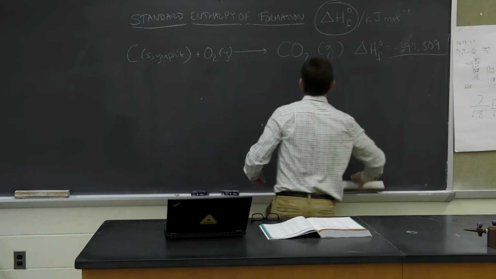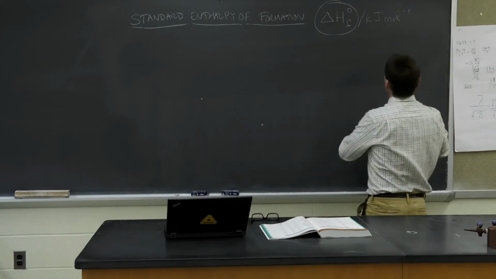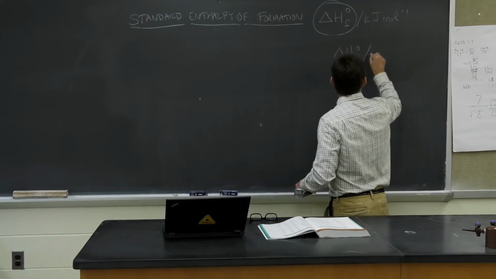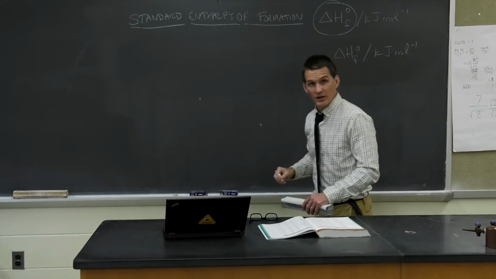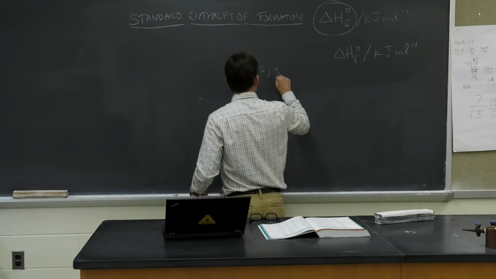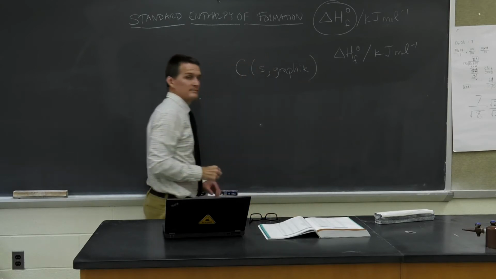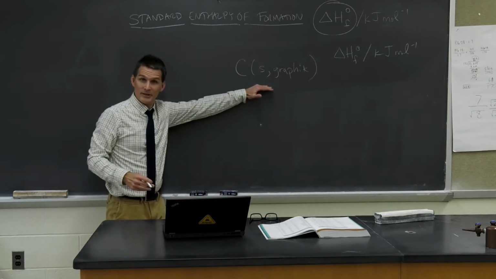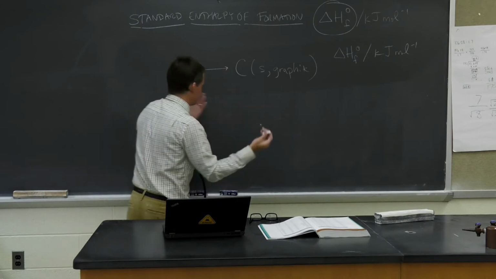Watch this. Let's say that I want to know the enthalpy of formation in kilojoules per mole for the formation of solid carbon in its graphite form. I need to make this from carbon in its standard form, which just happens to be this.